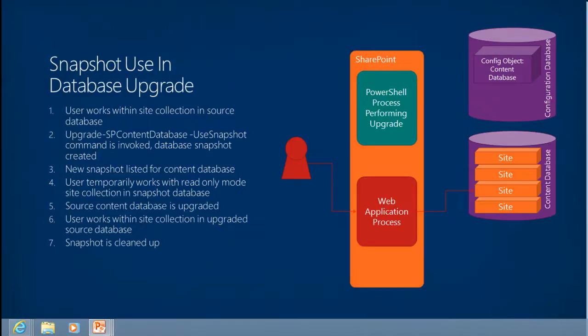The config object for the snapshot is removed, the snapshot itself is gone, but users basically had a very low amount of time while the database upgraded, because this is a build-to-build. You're not doing any of the site collections in this case. It's a pretty short amount of upgrade. In many cases, it might be 5 or 10 minutes of time. But they had access to the database in a read-only capacity through the entire operation.